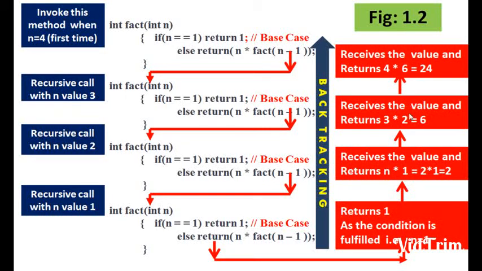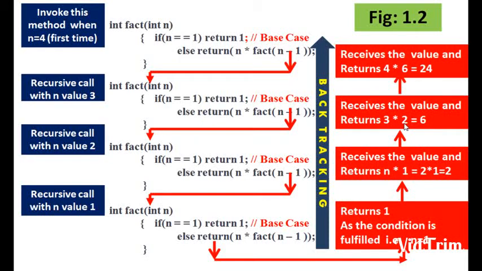Now let us understand the concept of backtracking. From the last method, that is fact of 1, if n is equal to 1, return 1. This condition is true. So 1 is returned to the previous method, fact 2. Fact 2 will calculate 2 into return value, that is 2 into 1 is equal to 2. 2 will be returned to fact 3.